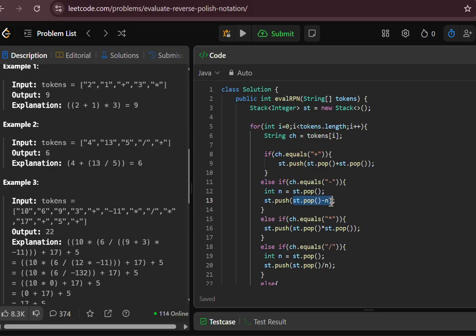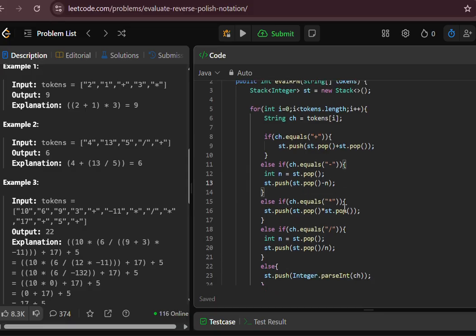So we can't just say stack.pop minus stack.pop, because that would subtract the previous value from the later value. We do this to maintain the order and give the correct result. For multiply and plus we do the same thing; for minus we first store the pop in a different variable n and then push the result after the operation.